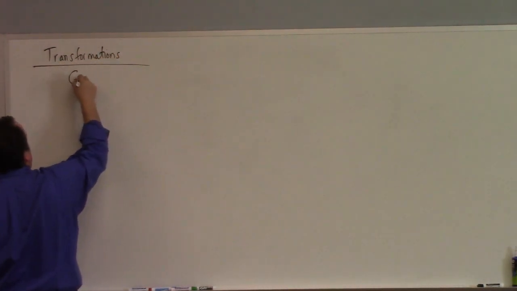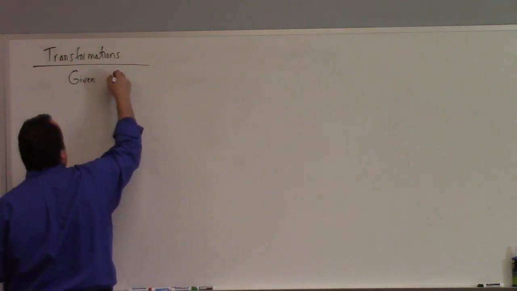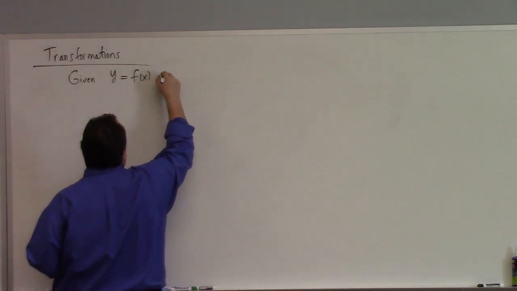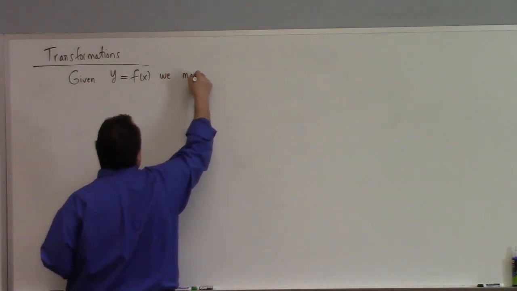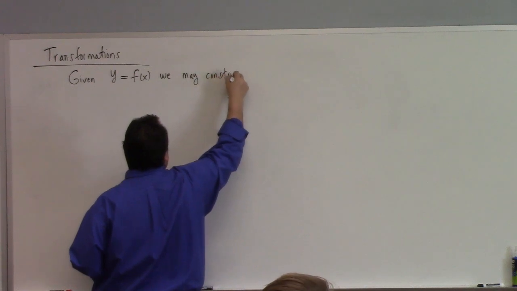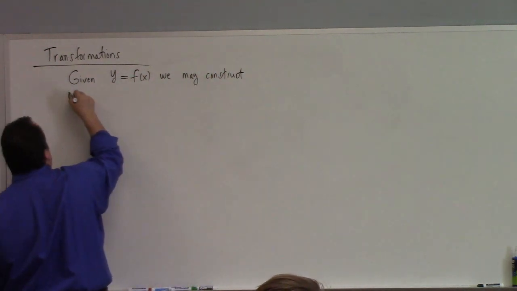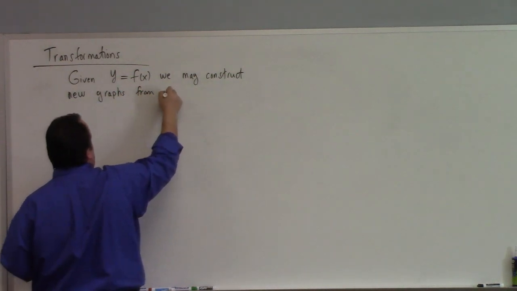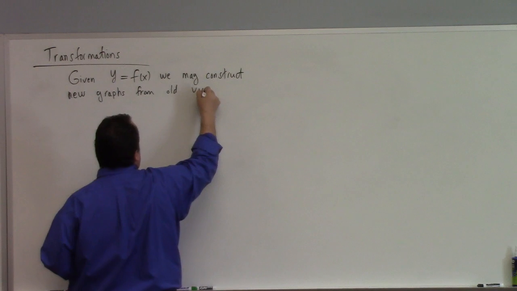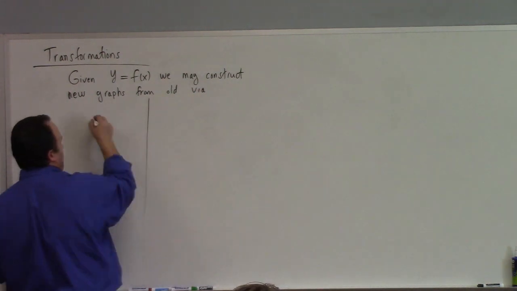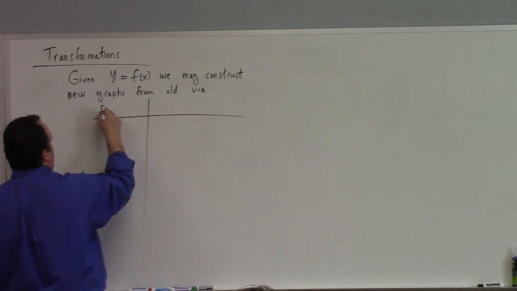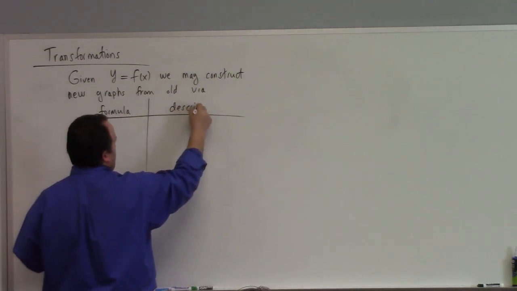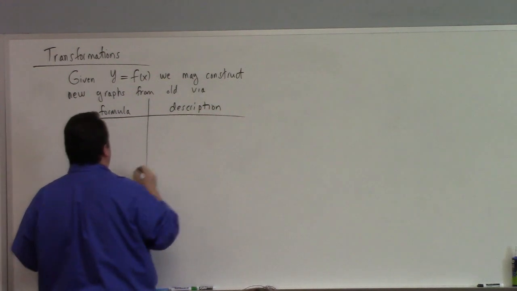All right, so here's the deal. Given y equals f of x, we may construct new graphs from old via, and so let me do the formula and a description over here, and let's catalog what we just saw, all right?